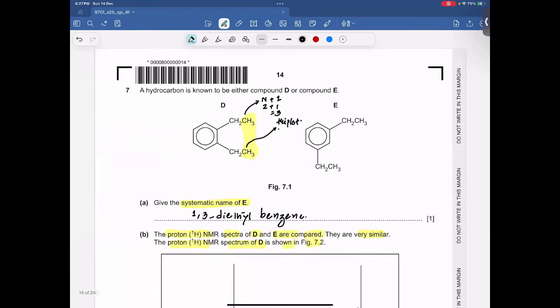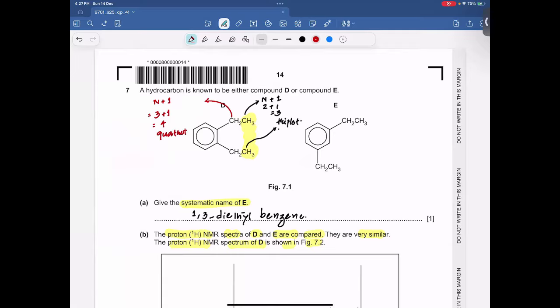Let's talk about this one. If we apply the N+1 rule here, this CH2 has 3 hydrogen atoms on its neighbor carbon, so it's going to be 4, which means it's a quartet.